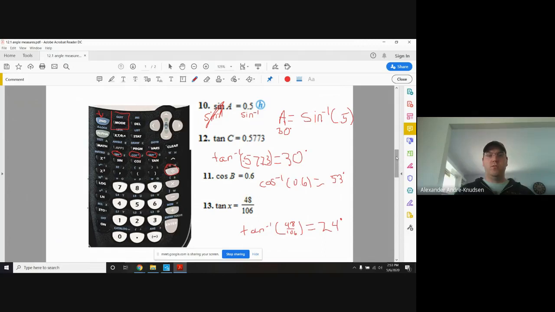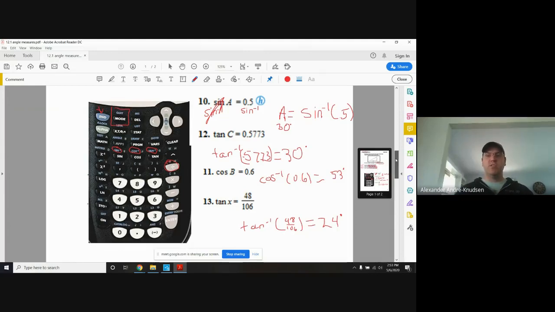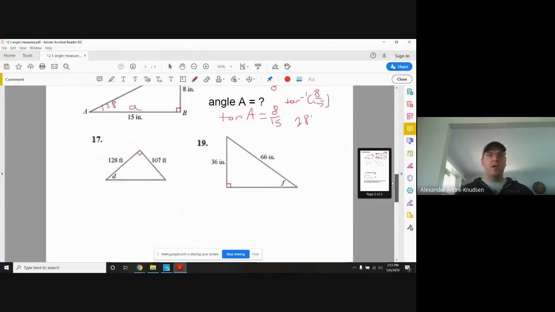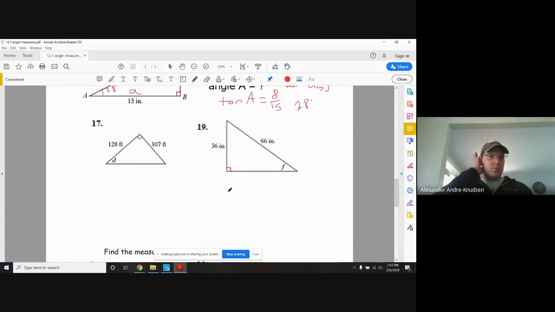So if you were to plug in the inverse cosine of 2, oops, it says error, because the inverse cosine or inverse sine of something has to be between -1 and 1. Or really, you'll see it's between 0 and 1 in our triangles.